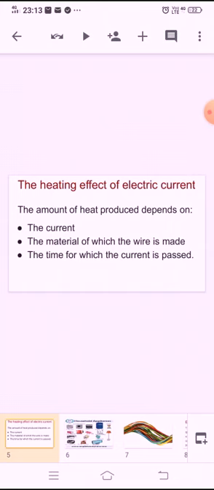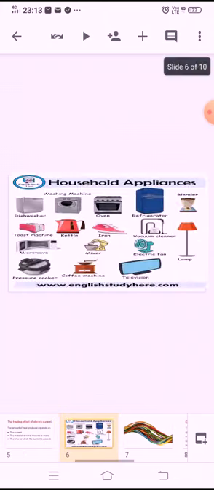The heating effect of current has many practical applications. Lamp, electric fan, television, coffee machine, pressure cooker, microwave oven, mixer, kettle, iron, toaster.